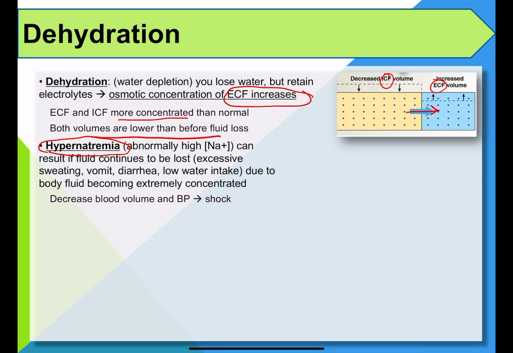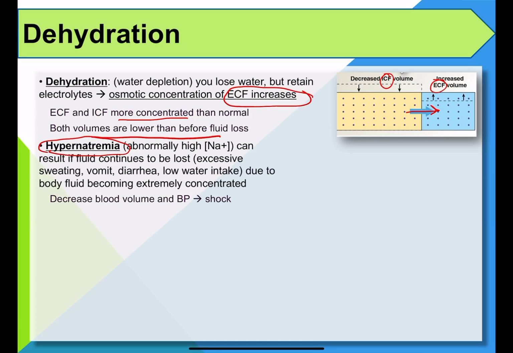Remember we talked about how concentration of sodium ions is a good indication of the body's water content condition. So any situation that depletes the body of fluid, for example, excessive sweating, vomit, diarrhea, plus low water intake, okay? Not only are you excreting a lot, you're not taking enough water. This will lead to very concentrated body fluids, okay?